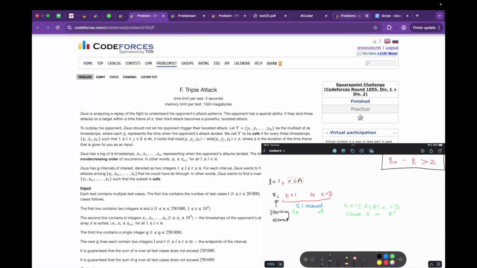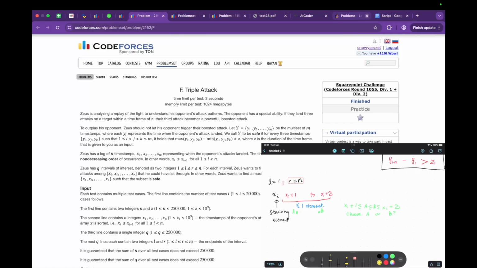So in order to decide whether we would choose A or B, a helpful way is to see what each of these choices brings us in terms of constraints for future elements of this multiset.